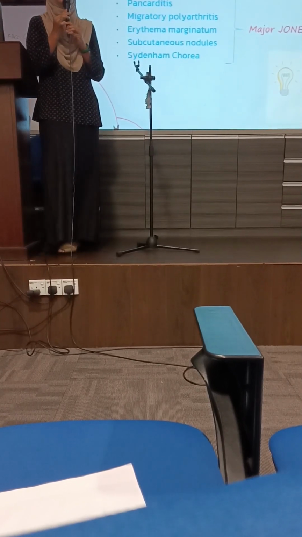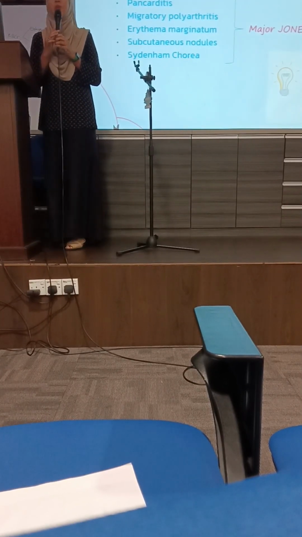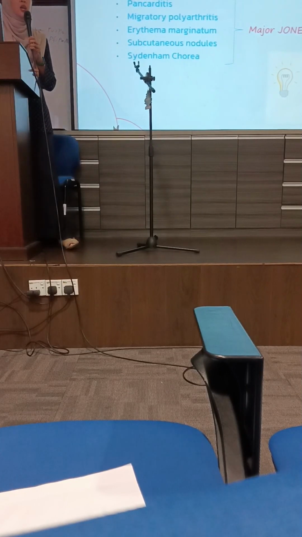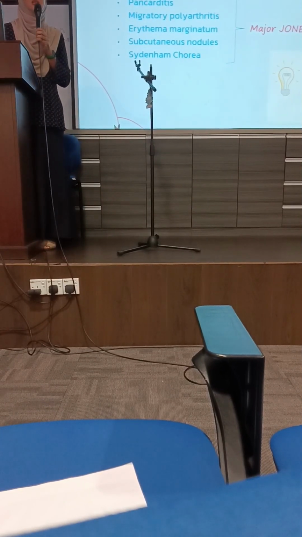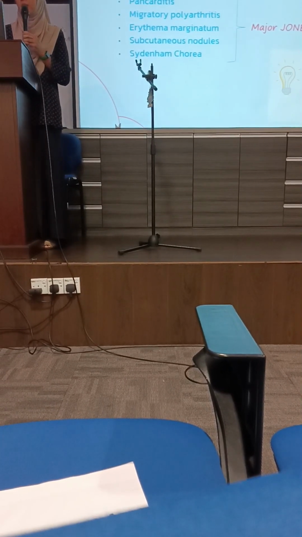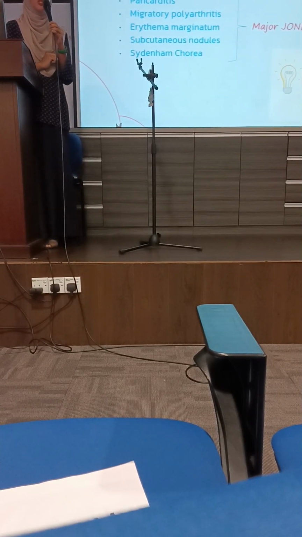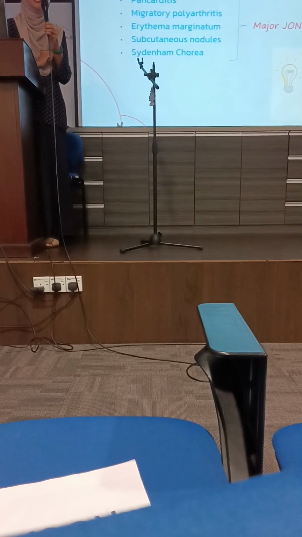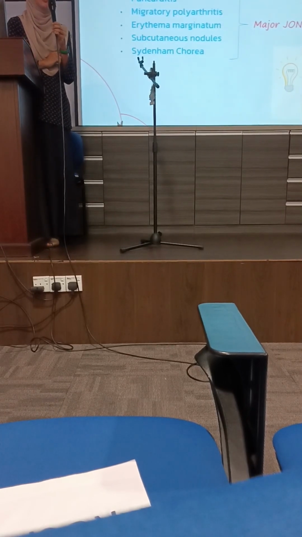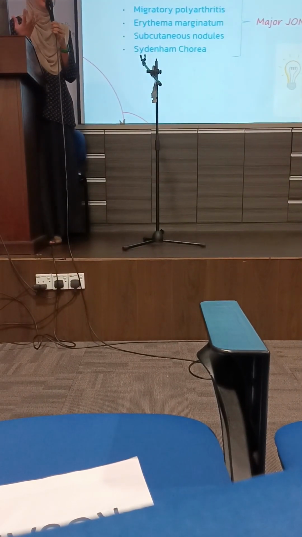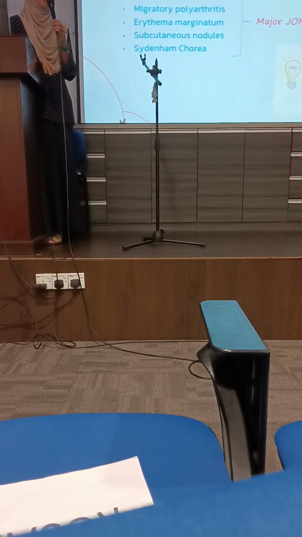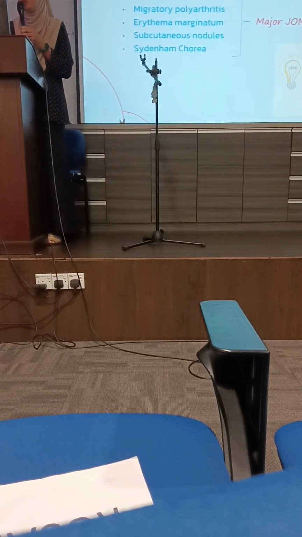In the skin, it causes erythema marginatum. In the joints, the term is migratory polyarthritis. In the subcutaneous tissue, it produces subcutaneous nodules. And in the brain, the patients present with something called Sydenham's chorea. Later I will go on to explain what they are.